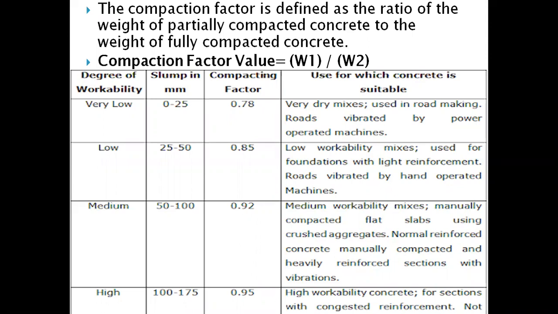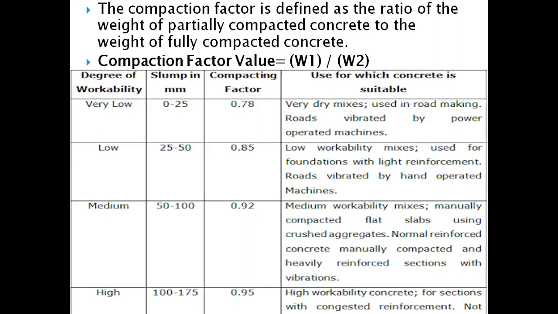In some books or manuals, the compaction factor formula is given as W1 minus W divided by W2 minus W, that is, they subtract the empty weight of the cylinder in the formula. But while performing the practical, we can directly get the net weight of the concrete by deducting the empty weight of the cylinder.